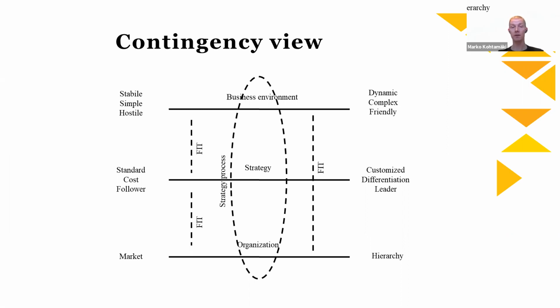So the business environment is described by using three different variables: stable versus dynamic business environment, simple versus complex business environment, hostile versus friendly business environment. Friendly here referring to an environment where there is less competition.